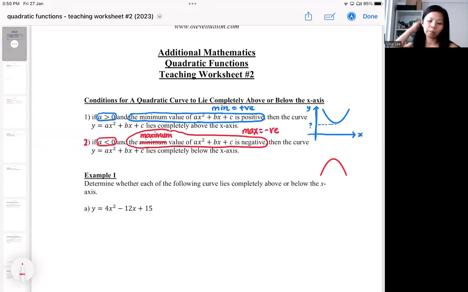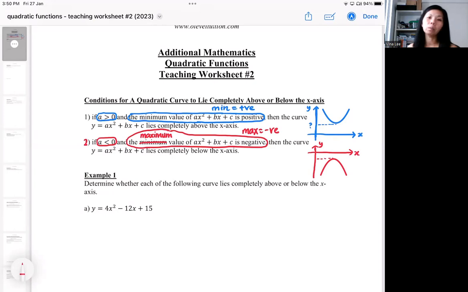Then the whole graph will be entirely below the x-axis. So the highest is actually a negative value, and a negative value is below the origin. You can see that the whole graph is completely below the x-axis.